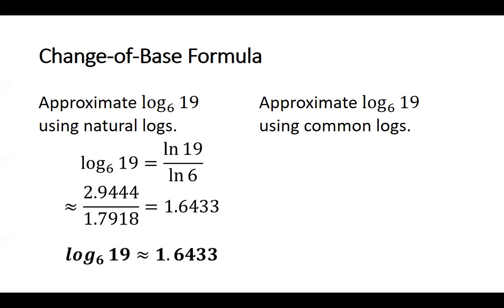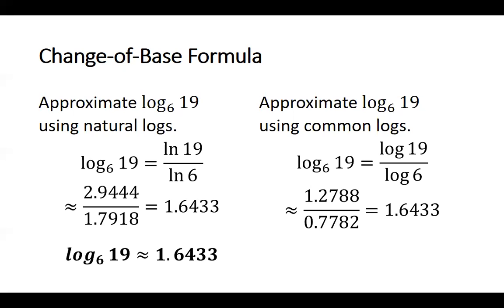Let's approximate it using common logs. Then I have log base 6 of 19 is equal to the common log of 19 over the common log of 6, which is approximately 1.2788 over 0.7782, which again gives me approximately 1.6433.